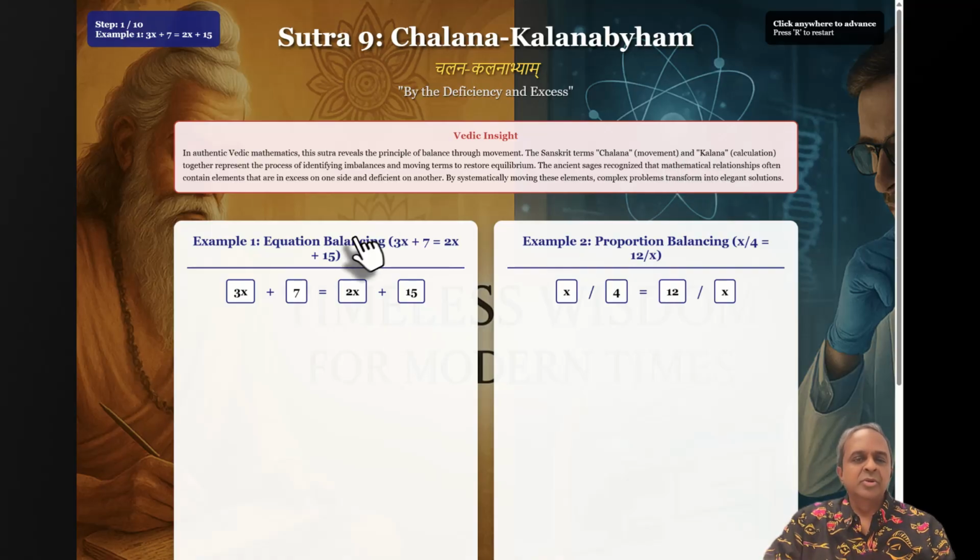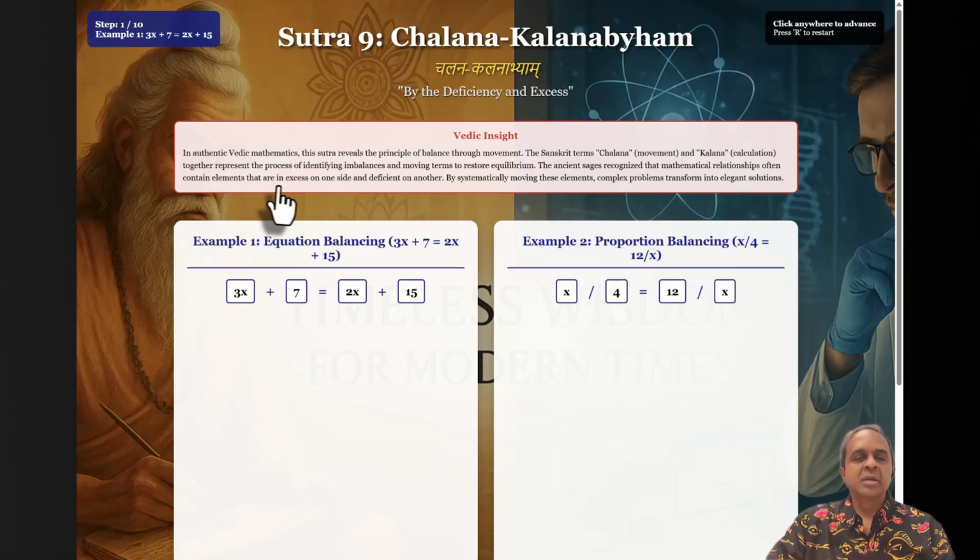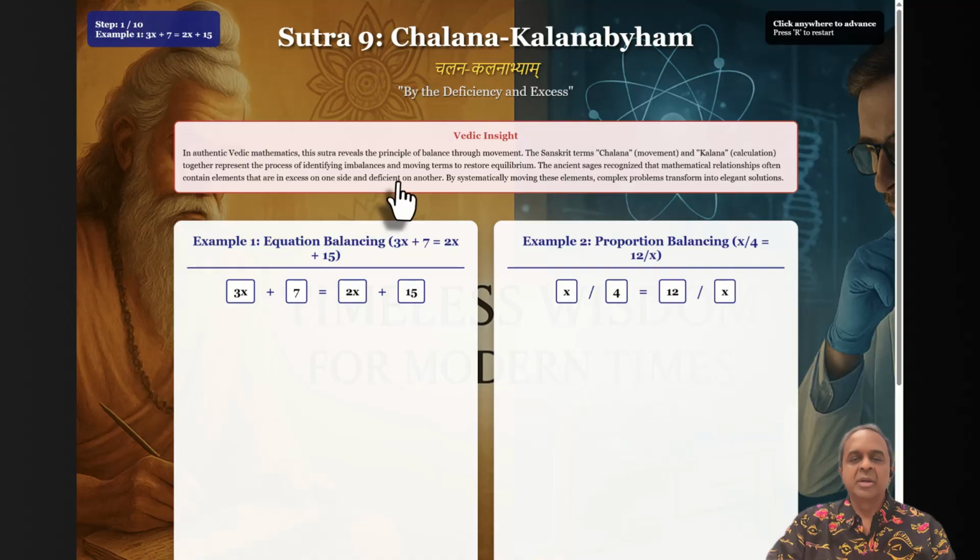Together they represent the process of identifying imbalances and moving terms to restore equilibrium. The ancient sages recognized that mathematical relationships often contain elements that are in excess on one side and deficient on another. By systematically moving these elements, complex problems can transform into elegant solutions.